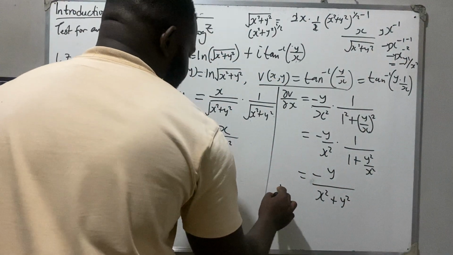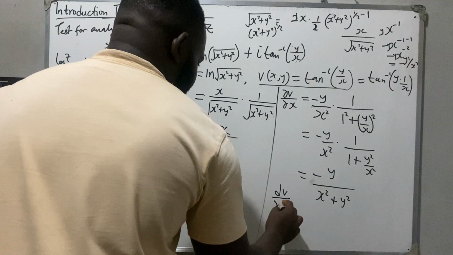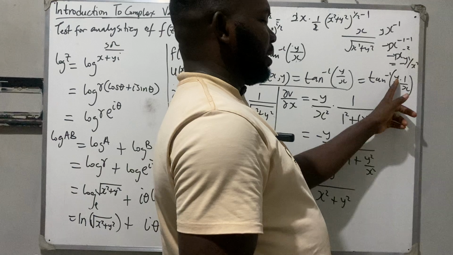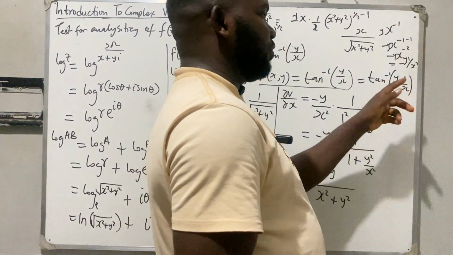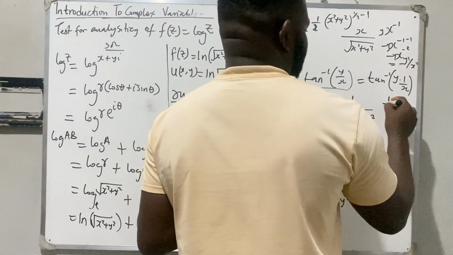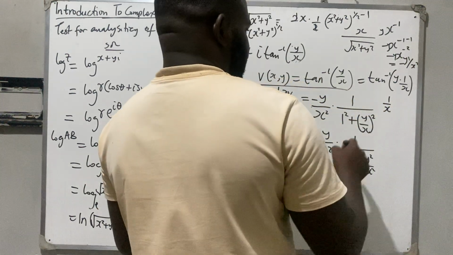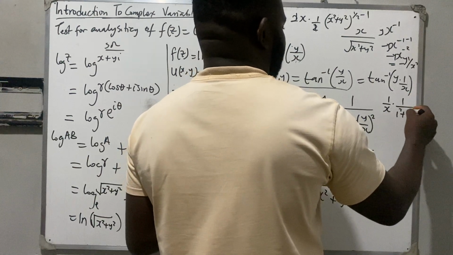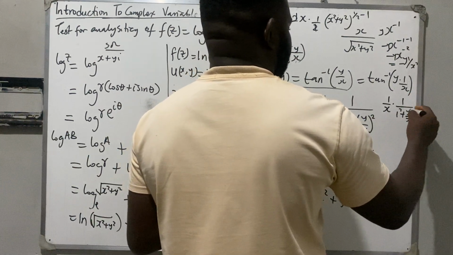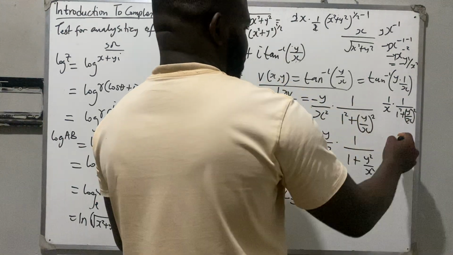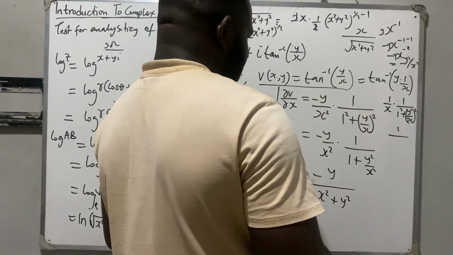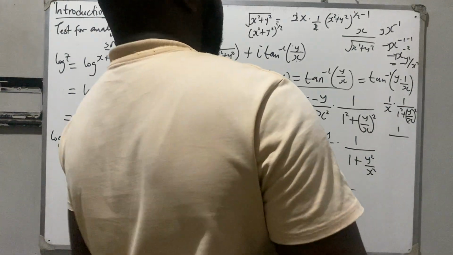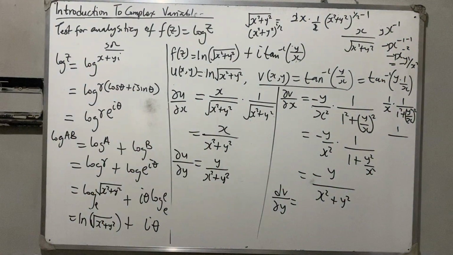So the next thing I'm looking at now is partial v over partial y. Differentiating y is 1, so 1 times the coefficient, you leave the coefficient 1 over x. So the differentiation of tan inverse of something is 1 over 1 plus y over x all squared, which will give us 1 over... I think I'm making mistakes somewhere.